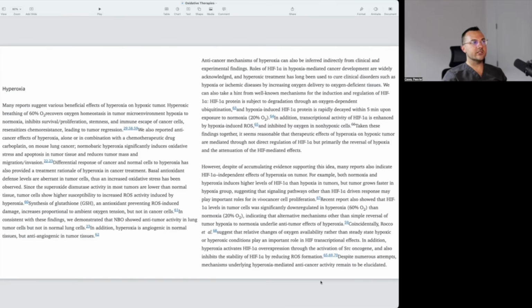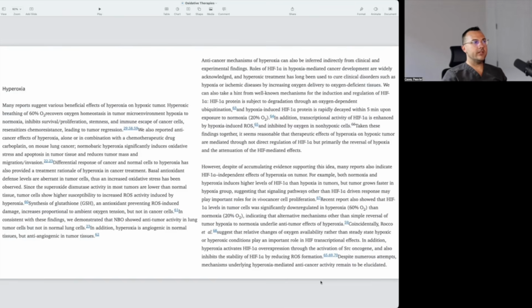Taking these findings together, it seems reasonable that therapeutic effects of hyperoxia on hypoxic tumor are mediated not through direct regulation of HIF-1 alpha, but primarily the reversal of hypoxia and the attenuation of the hypoxia factor immediate effects.